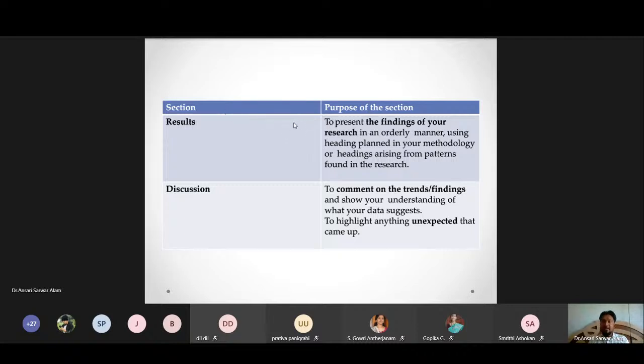You are supposed to discuss that not only with regards to your own research, but with regards to the research which had been carried out by other research scholars before you. So in the discussion section, you will be discussing the things with regards to your analysis work and with regards to the analysis work of different research scholars.